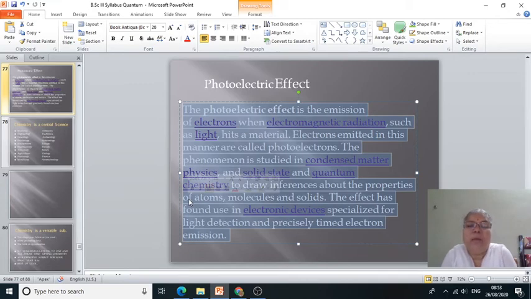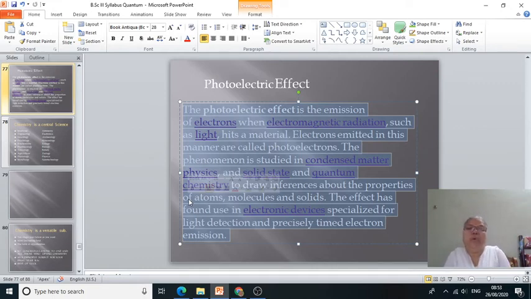That means from the graph of 1/2 m v squared, the kinetic energy of the ejected electron, versus the frequency of incident light, we get a straight line with an intercept on the x-axis, and the value of the intercept on the x-axis gives the threshold frequency.